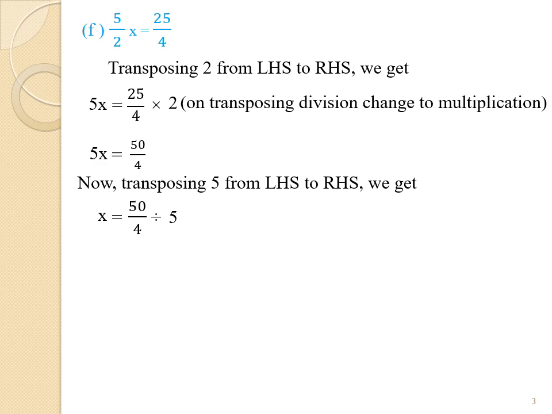Students, in order to solve this step, 50 upon 4 divided by 5, you have to recall chapter number 2, fractions and decimals. Students, to solve this step, first of all, you have to convert whole number 5 to fractional number without affecting its value.